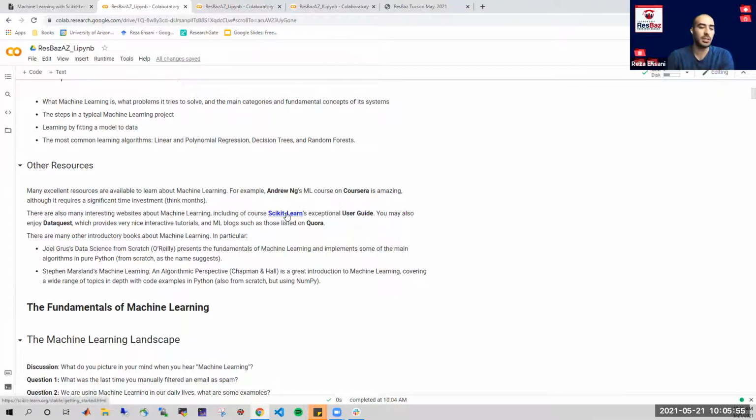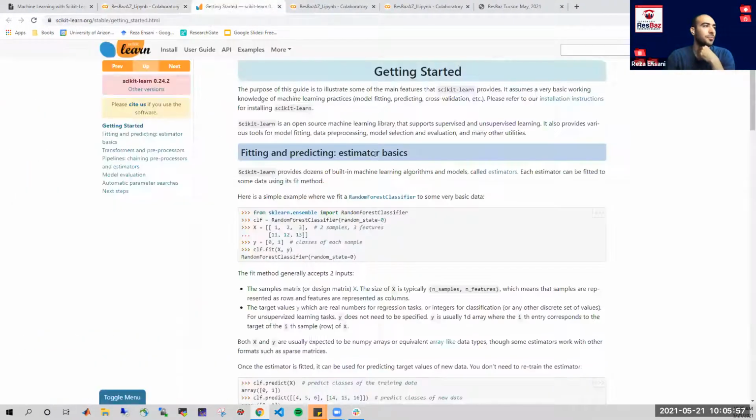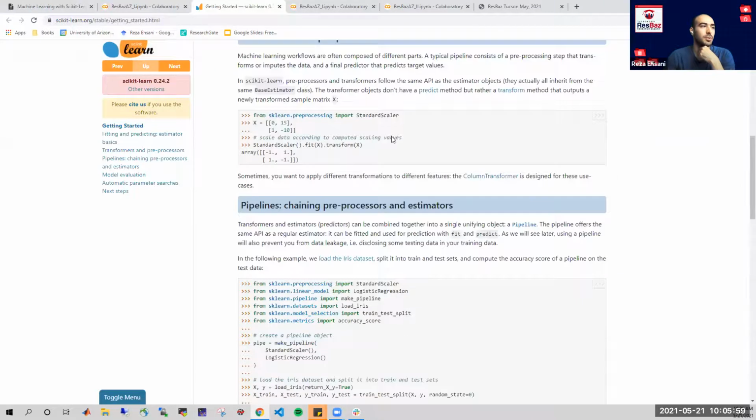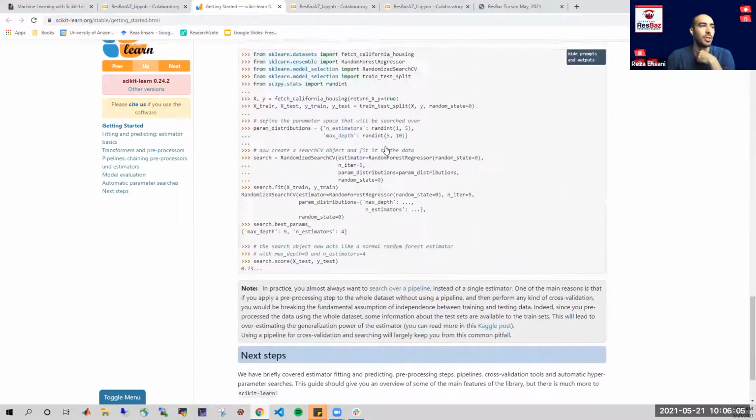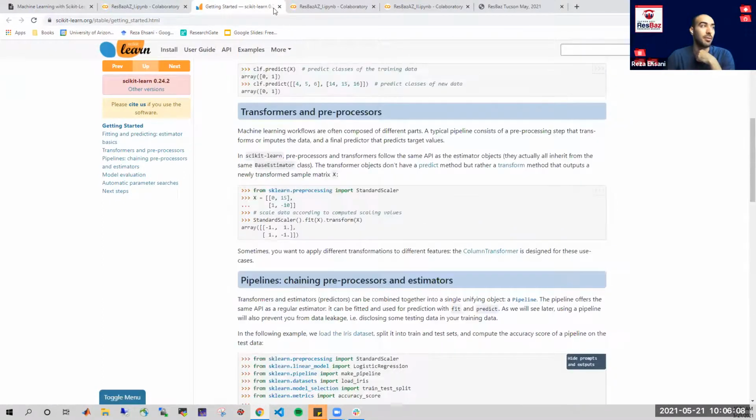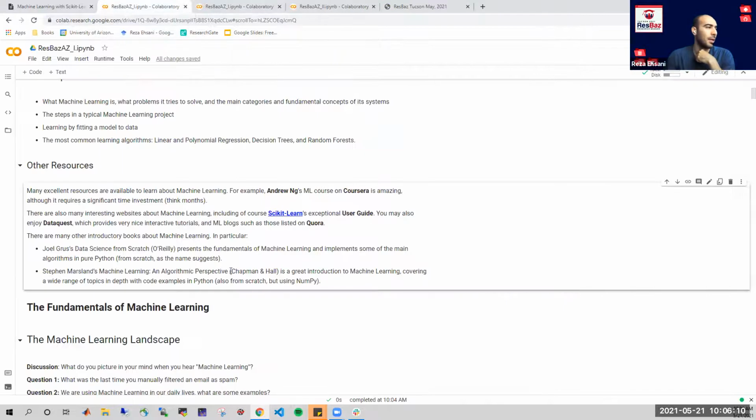You can start reading that. Just let me show you. The user guide and tutorial are amazing. Everything has been clearly explained, and there are a bunch of examples there. You can go line by line and learn a lot of things about machine learning. There are also a lot of websites like DataQuest or Kaggle, which have a lot of blog posts about machine learning.